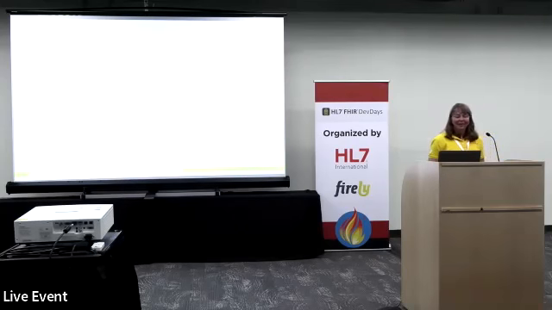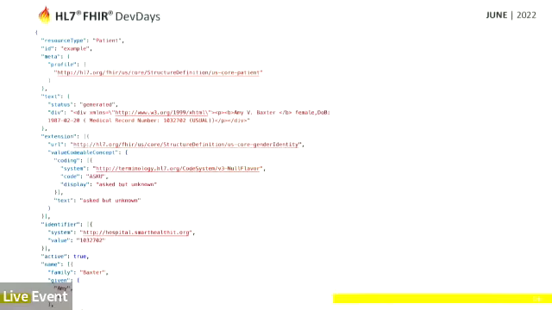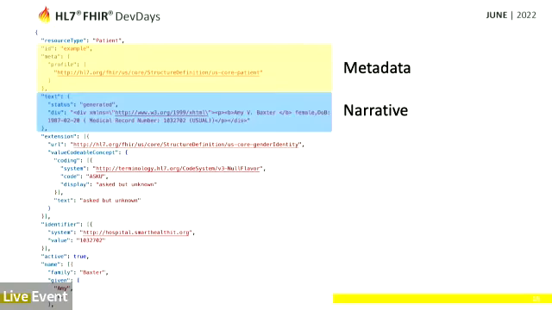Here's an example in JSON of a FHIR patient, and actually if we look at this, there are a couple of parts to a FHIR resource that you can encounter. So one of them would be the metadata, and in this case, metadata could consist of a last updated date, a version ID, a profile that this resource conforms to, the technical ID. I will mention that one in the next slide. But metadata around that resource.